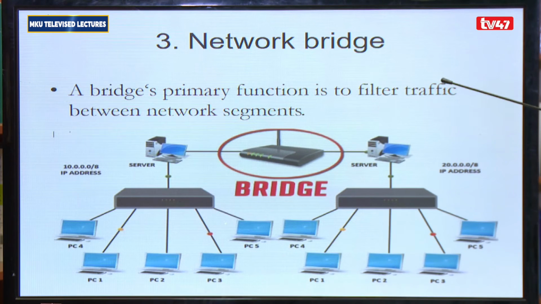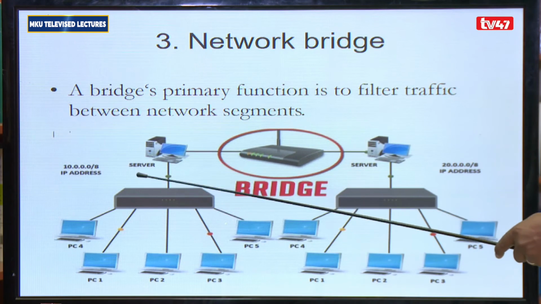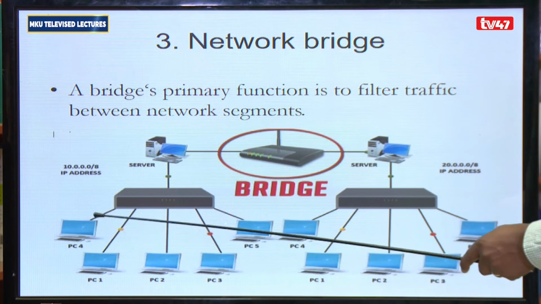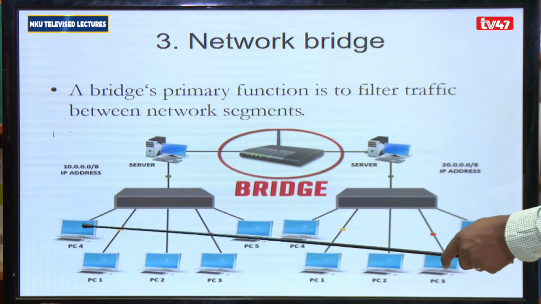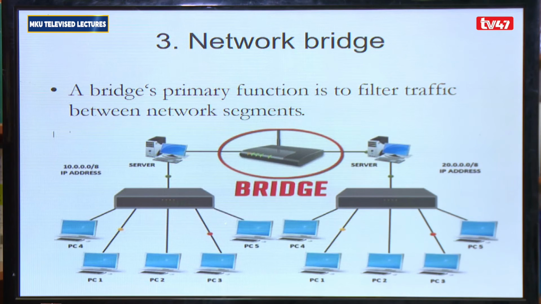By filtering out data. The bridge looks at the destination address of the data from the source computer, let's say computer 1. If the destination address is on the next segment, this other side, then the bridge will allow the data packets to come to this side. But if they are from this side to the same side, then they are not allowed to pass through here because they will cause a lot of data congestion on this other side, and therefore there will be a lot of data traffic which will slow down the network.